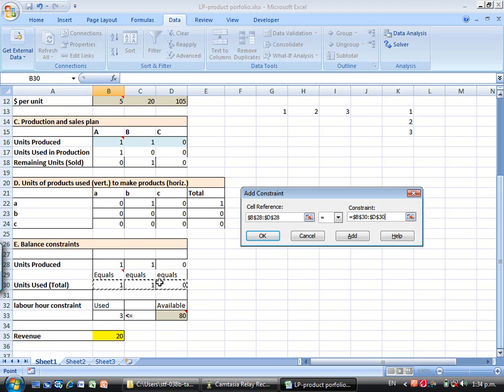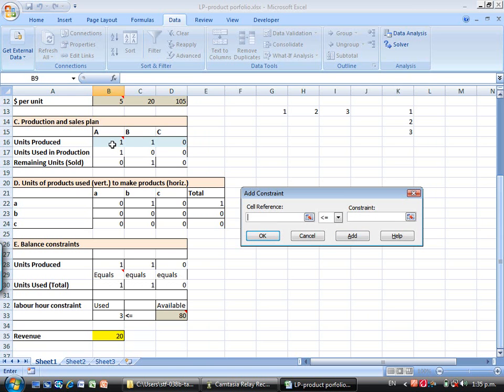So in other words, what we're trying to say is we can't use more units than we have actually made. And one more.